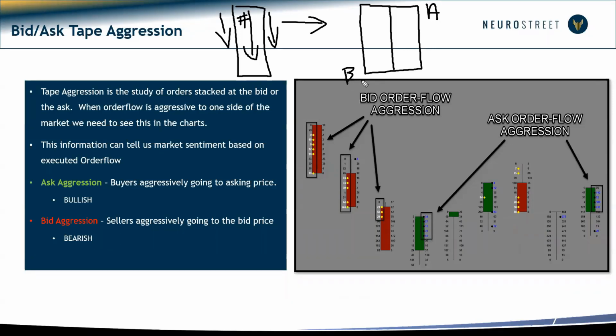So if we have the time and sales saying that there is a bunch of aggressive buying taking place, what's going to happen is buyers are going to rise to the asking price, okay? However, if you got a bunch of sellers that are aggressively going to the bidding price, we're going to have a bunch of sellers coming down and attacking the bid.